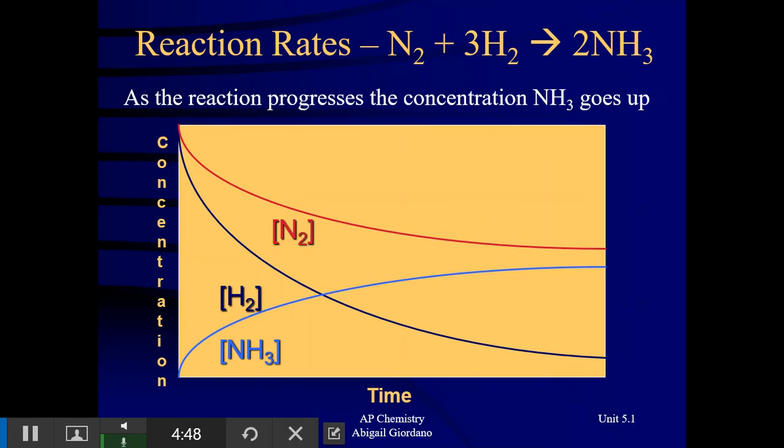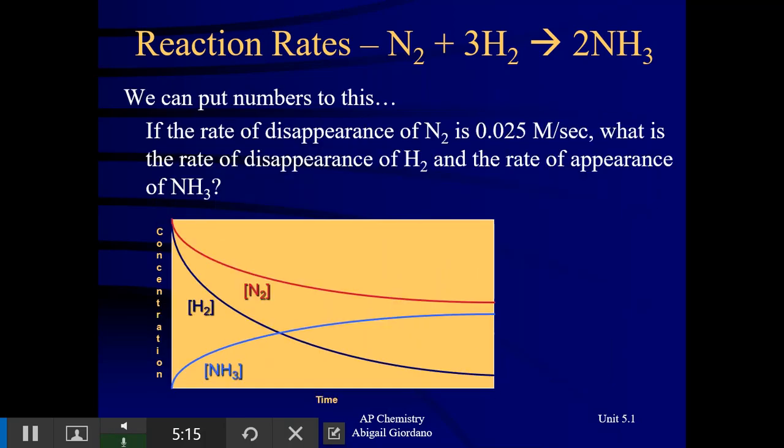Ammonia, since it's a product, is being created, produced. It is increasing over time. And if you wanted to get technical about this, ammonia is increasing twice as fast as nitrogen is decreasing. Again, it's just a relation of those molar ratios, those coefficients.